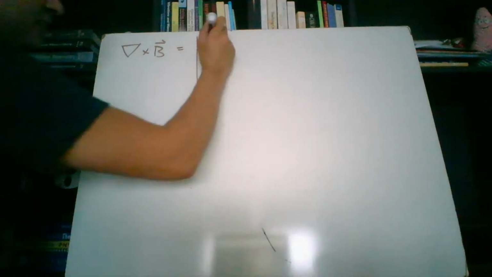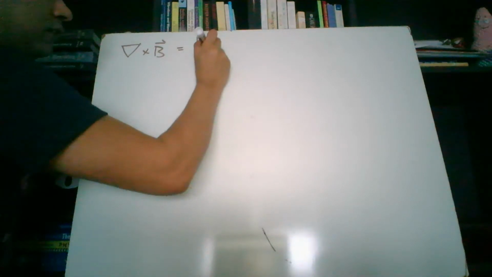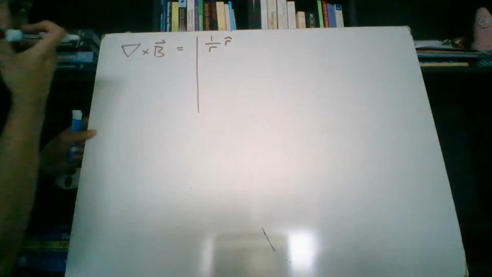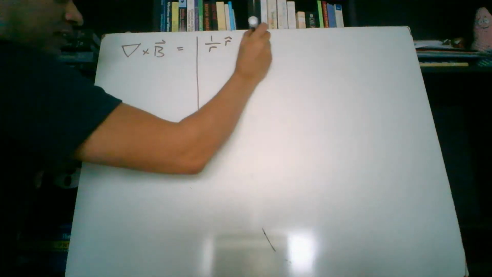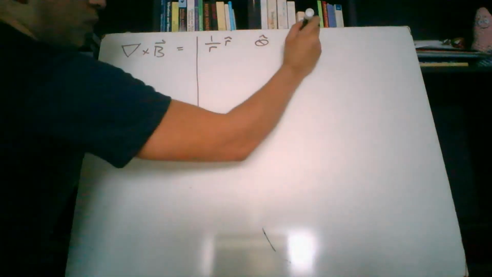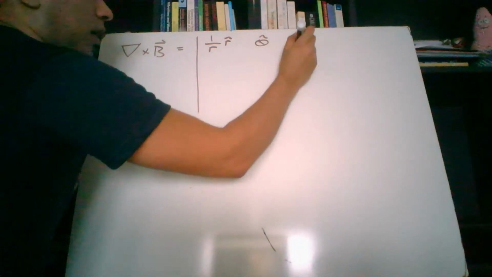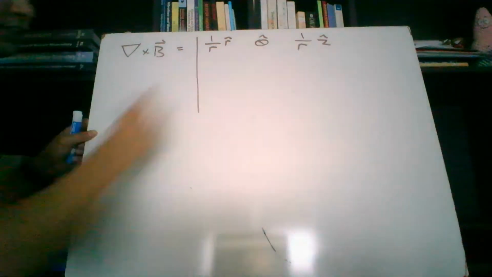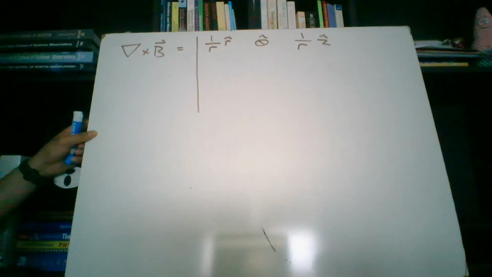So del cross B is going to equal, now here we're going to have some weird stuff going on. 1 over r in the r hat direction. We're actually putting a scalar multiplied by some direction. That's just how it goes. Then we have the theta component. And then we're also going to have 1 over r in the z hat direction. So that's your direction row right there.